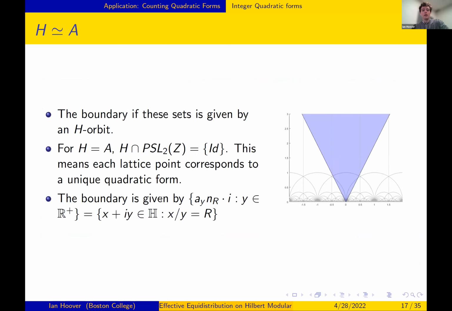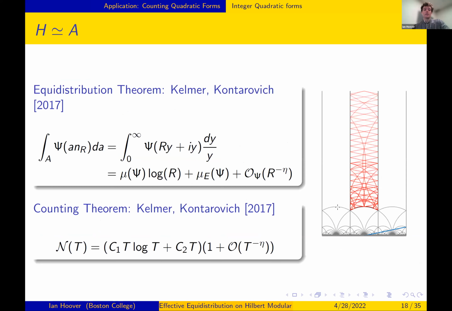So the boundaries of these sets correspond to the H orbit, and the diagonal orbit is when we have a square discriminant. This is a case that was resolved somewhat recently.